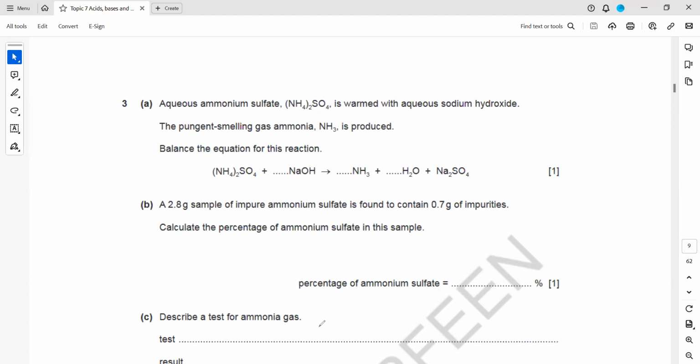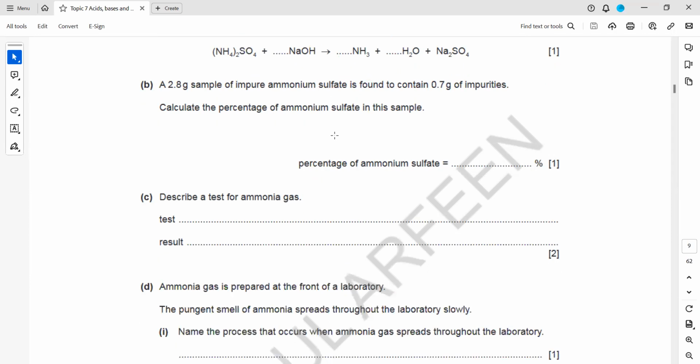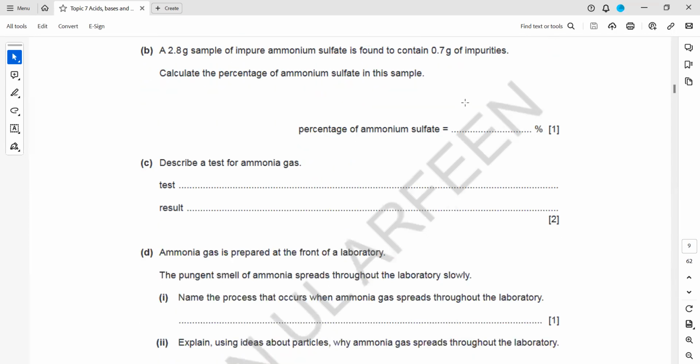The next question: 2.8 grams of impure ammonium sulfate is found to contain 0.7 grams of impurity. What is the percentage of ammonium sulfate in the sample? Out of 2.8, 0.7 is impurity, so how much ammonium sulfate will be there?